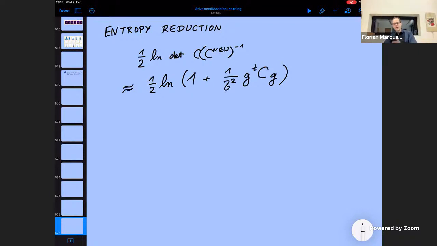Of course, you have a larger entropy reduction if sigma is smaller, because then you have a more precise measurement. That makes sense. And you also have this gradient vector, which is, so to speak, the sensitivity of the outcomes of your model with respect to the parameters of the model.